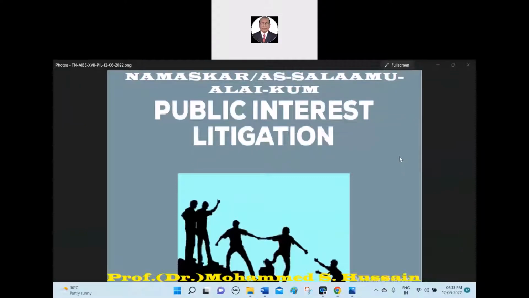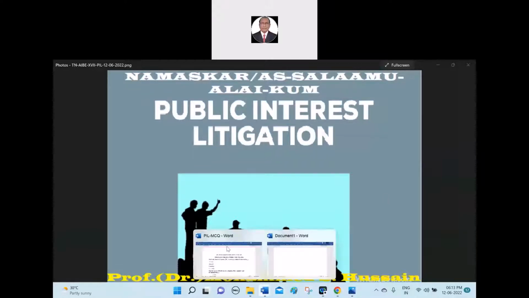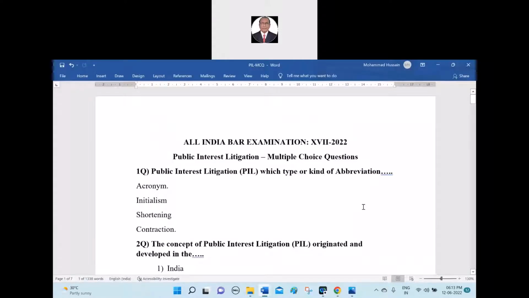Public Interest Litigation, Professor Dr. Mohammed S. Hussain. So now let us come to the point. All India Bar Examination, 17th Cohort, 2022, Public Interest Litigation, multiple choice questions.